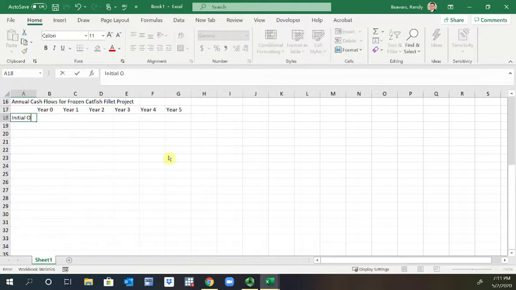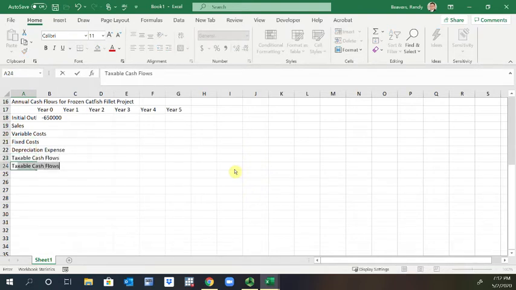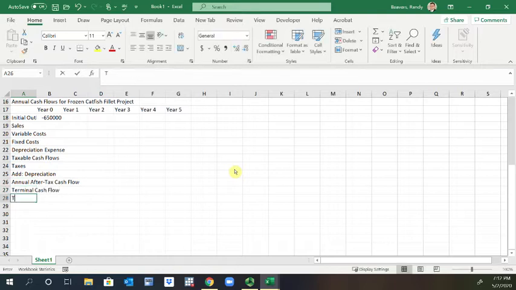So we'll have an initial outlay that is equal to minus parentheses B2 plus B3. Sales, variable cost, fixed cost, depreciation expense, taxable cash flows, taxes. We'll add depreciation back to get our annual after-tax cash flow, our terminal cash flow, and then total our annual cash flows.